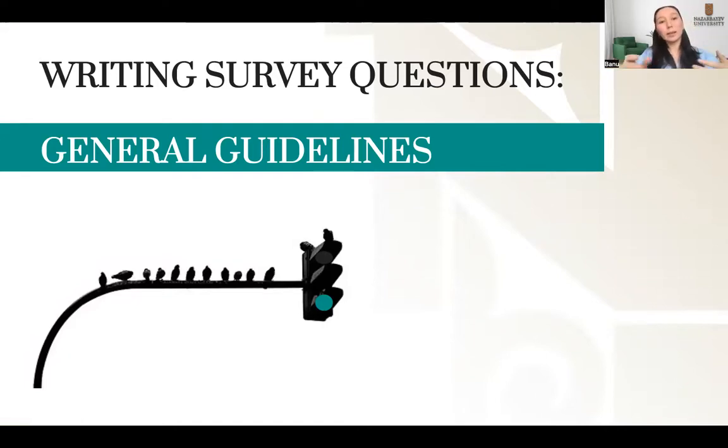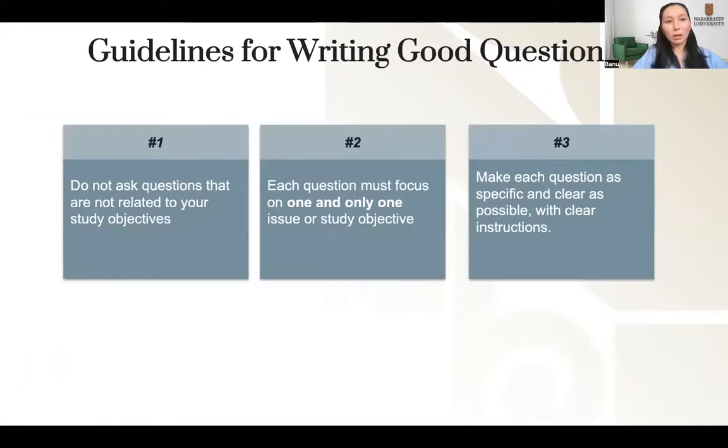So, general guidelines for writing good survey questions. First of all, do not ask questions that are not relevant to your study objectives. Second, each question must focus on one and only one issue or study objective. So as we mentioned, don't throw several issues or several items into one survey question.